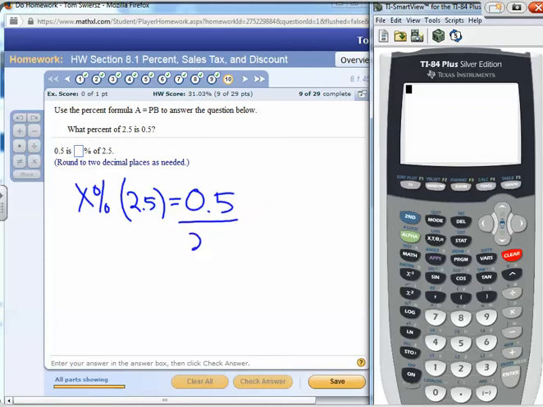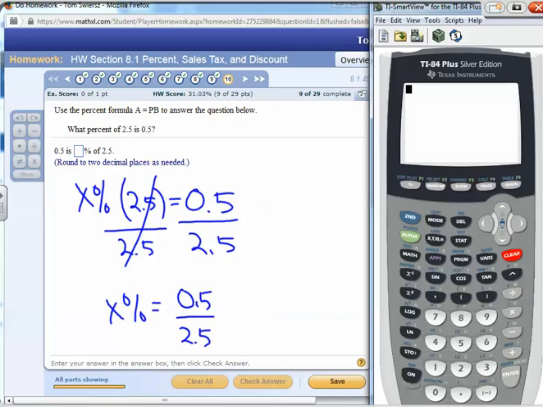So now we would divide both sides by 2.5. So that just gives us a coefficient of 1. So the X percent is 0.5 divided by 2.5. So we'll do that on our calculator, and then we'll have to move the decimal over.